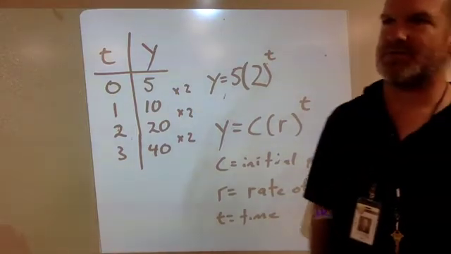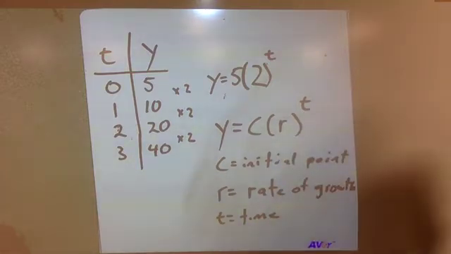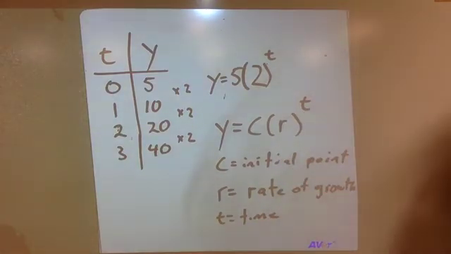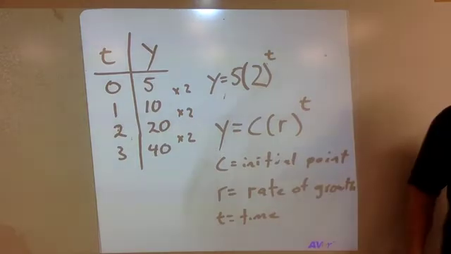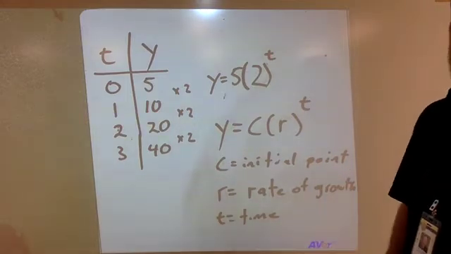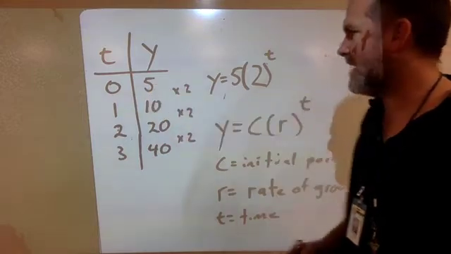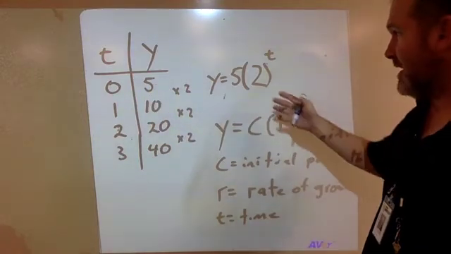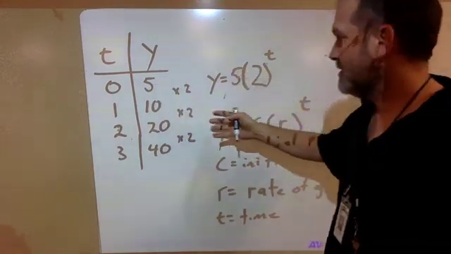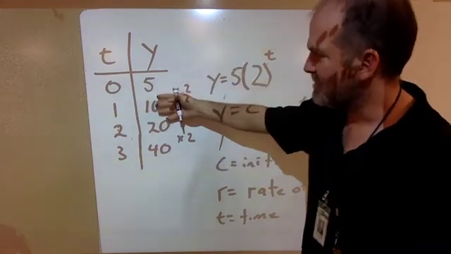Now there is one little wrinkle in this equation. Basically, if I wanted to know exactly how much money I had after 1 year of this, well, I started off with 5, and after a year, that 5 turned into 10.